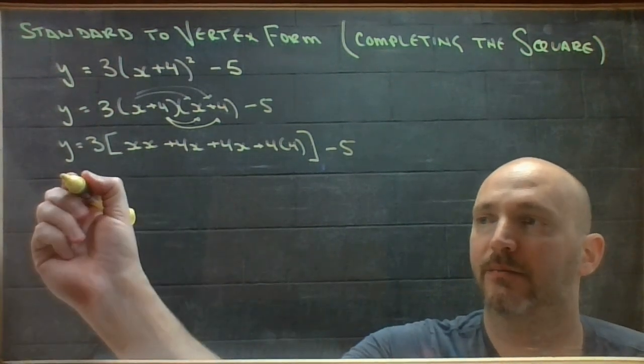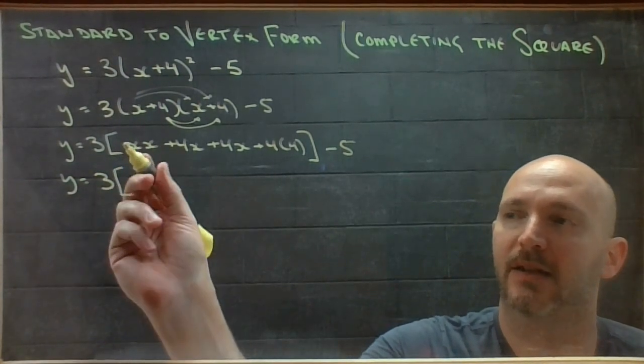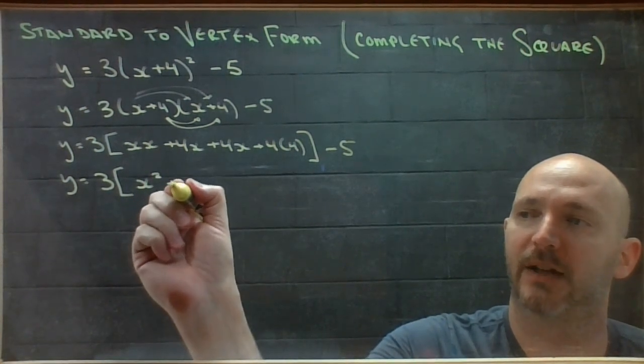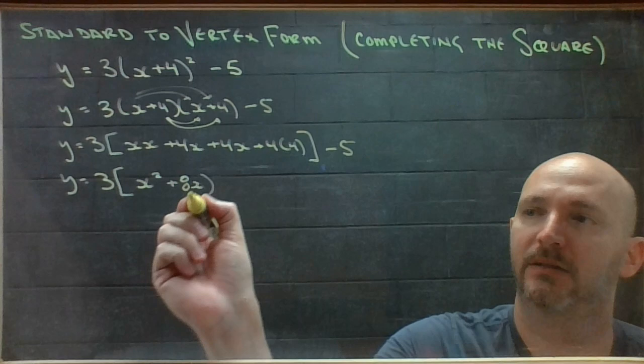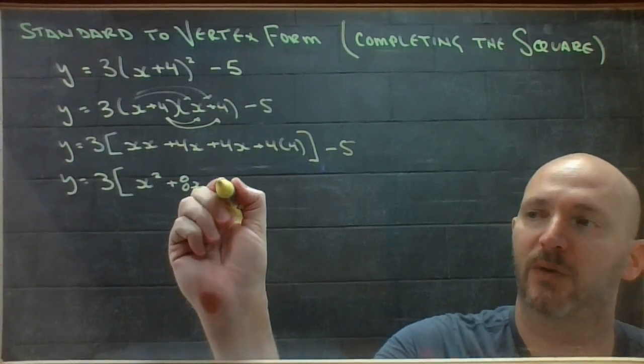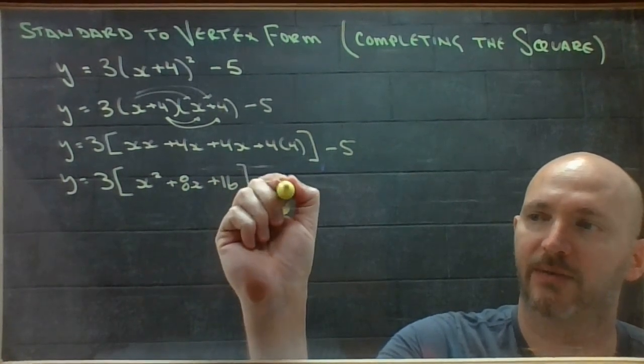All right, so x times x gives me x squared. 4x and 4x is 8x. 4 multiplied by 4 is 16. And I have this subtract 5 here.